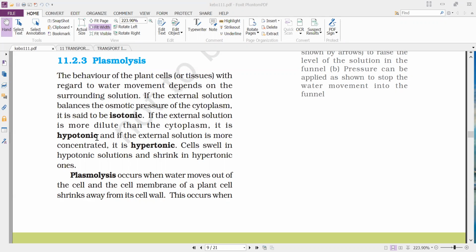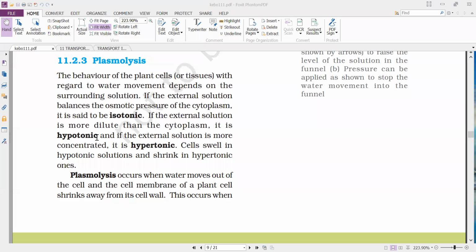The external solution is lower in concentration than the cytoplasm of the cell, so we say that it is hypotonic, that is, hypotonic to the external solution.